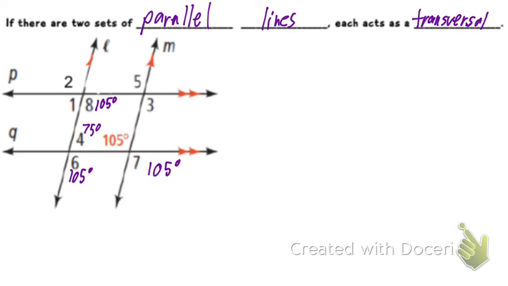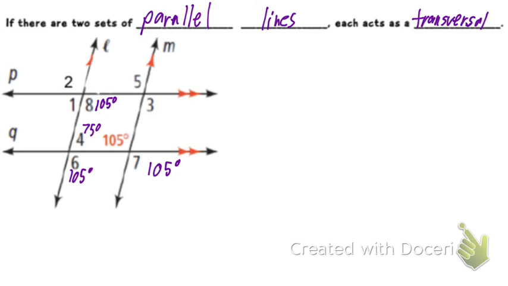Are these a linear pair? Linear pair would be like 4 and 6. Are these like 4 and 6? They're farther apart, so they're not. Okay, are these vertical angles? No, vertical angles would make an X, like 3 and 5.